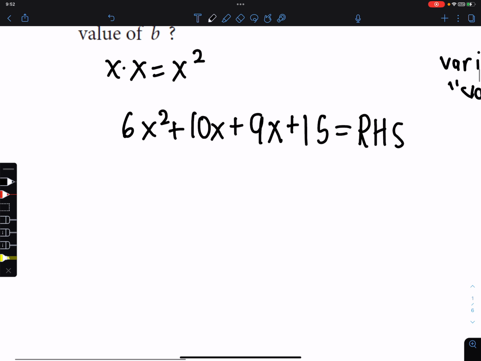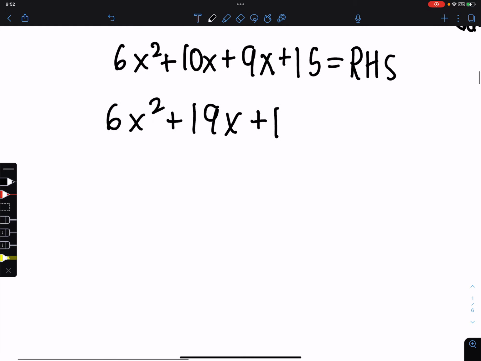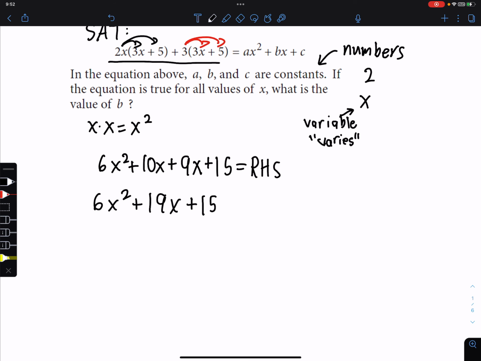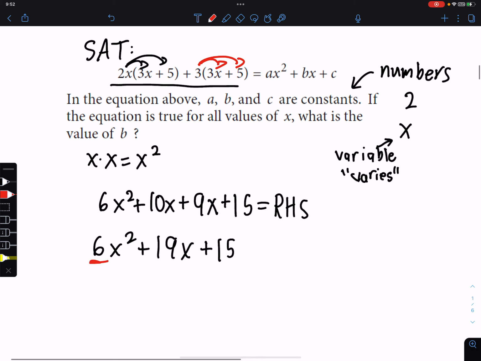Now let's combine like terms. So we get 6x squared plus 19x plus 15. Okay, and that is equal to ax squared plus bx plus c. But really what it's saying is if we compare the left side, right? We have 6x squared. On the right side, we have ax squared.